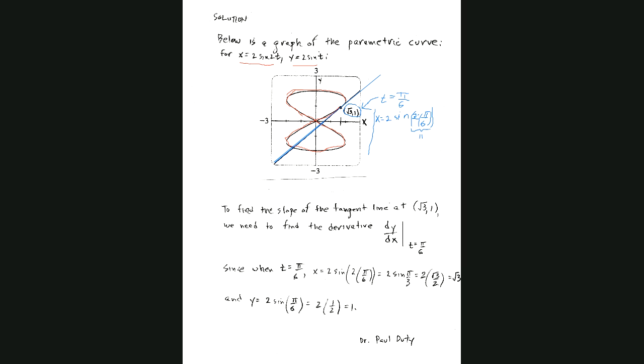So in this case, if t is pi over 6, x equals 2 times the sine of 2 times pi over 6. This is a 2 here. I'm trying to draw it the best I can, class. That's a 2.